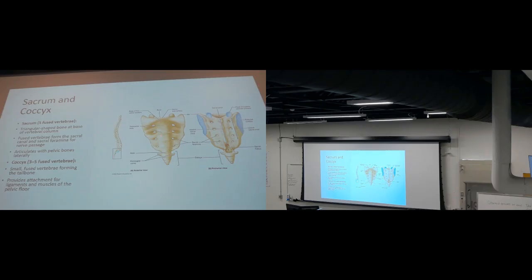But instead of that, you have these transverse lines that you can see anteriorly. And laterally to these transverse lines, we have the sacral foramina, which continue posteriorly. We have sacral nerves anteriorly and posteriorly exiting from there.